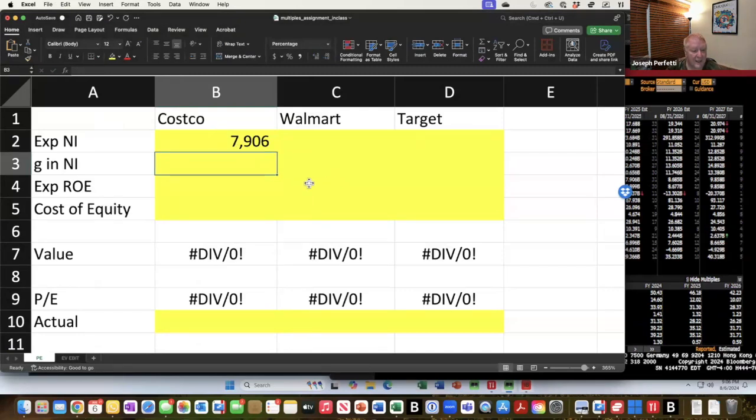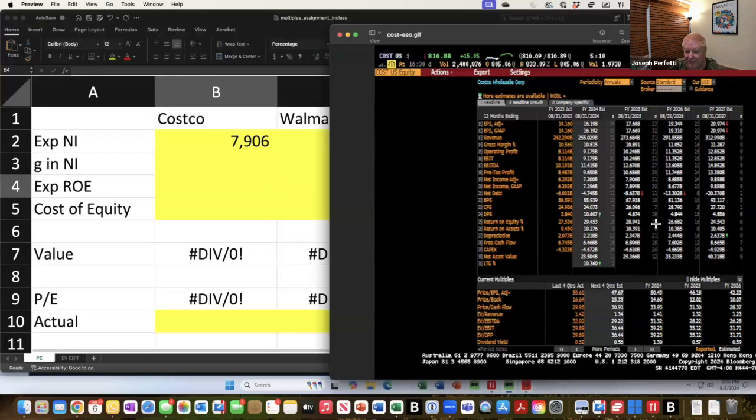I then need an expected return on equity. Remember, we're doing the key value drivers equation, which is a perpetuity. So what I need is a perpetuity return on equity. What is the long-term return on equity, not what is the second year's return on equity? Down here, the analysts forecast the next 4 years.